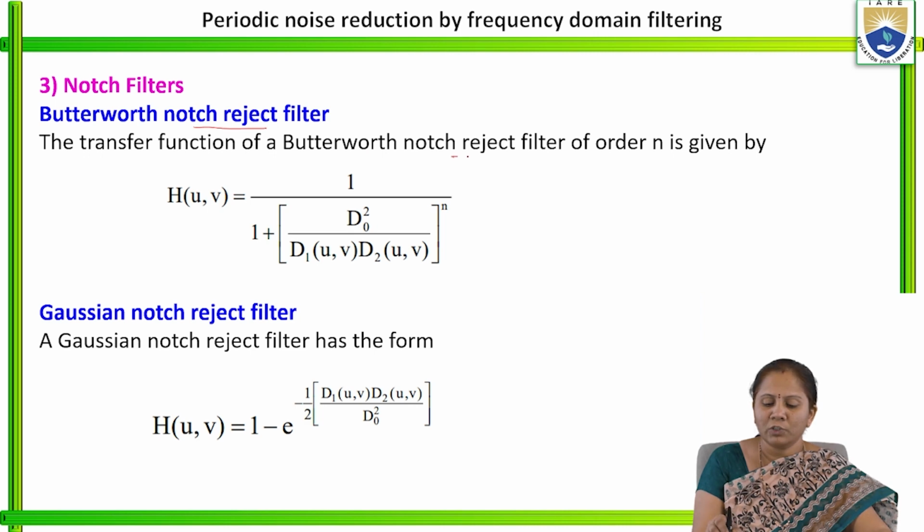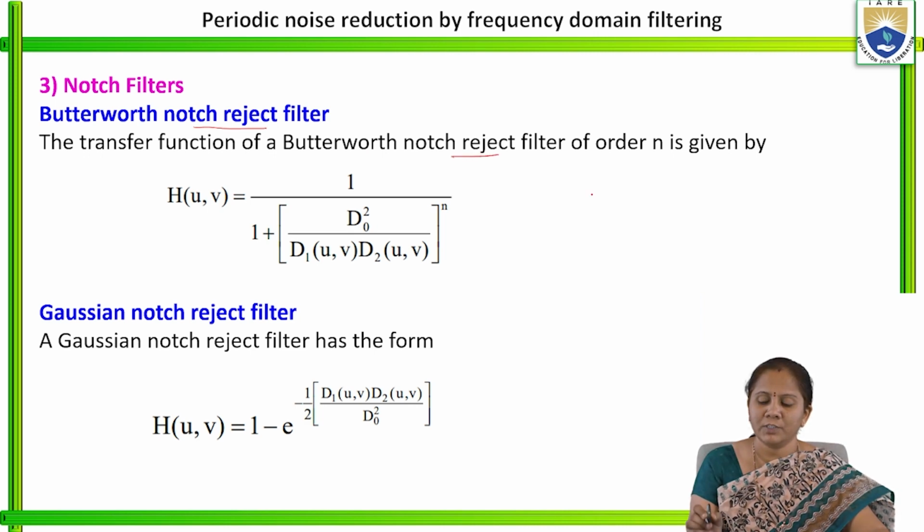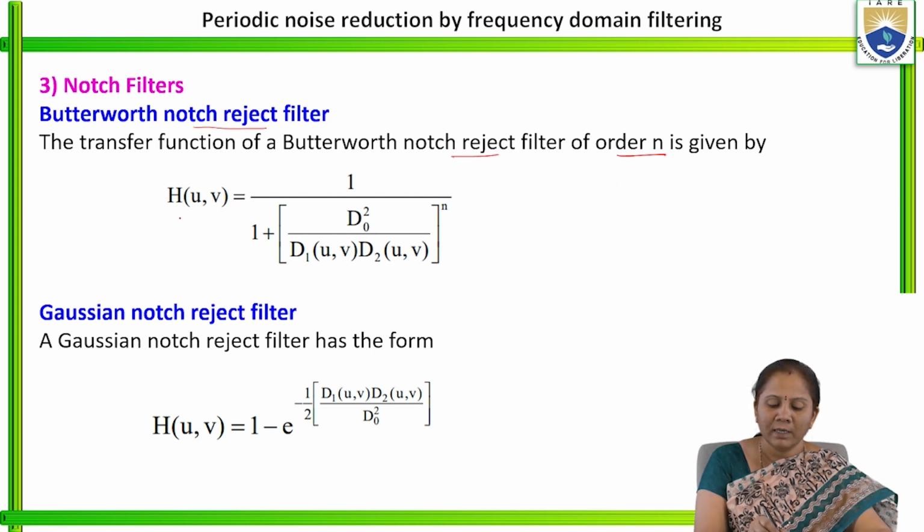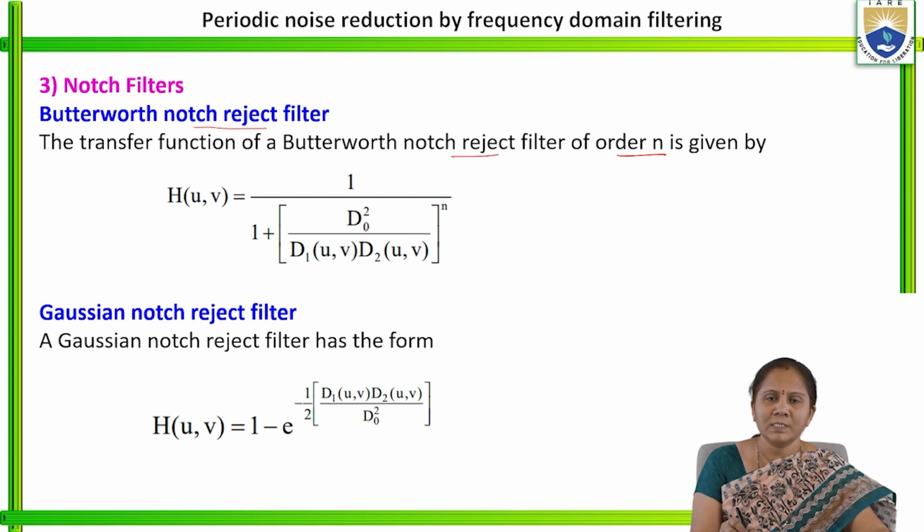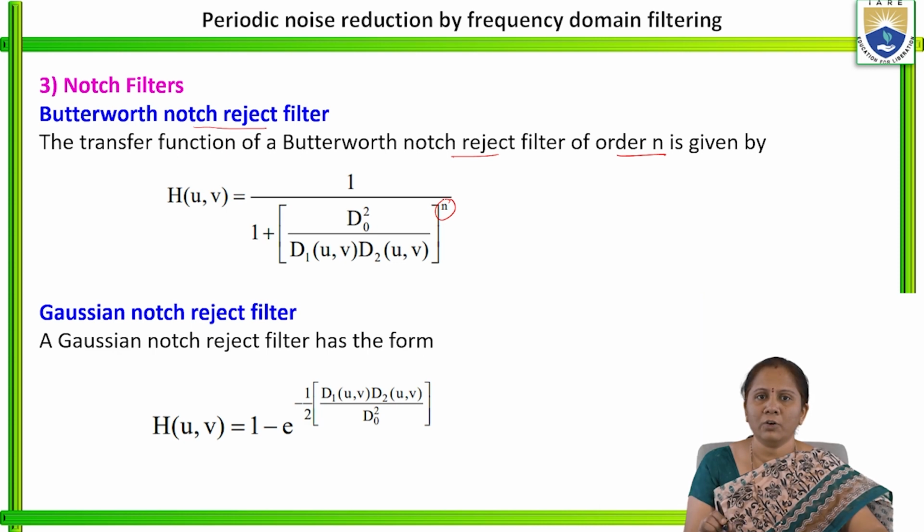So the transfer function of a Butterworth notch reject filter of order n is given as H of u comma v is equal to 1 by 1 plus [D naught square by D1 of u comma v into D2 of u comma v] whole power n. So this n represents the order of the Butterworth filter.